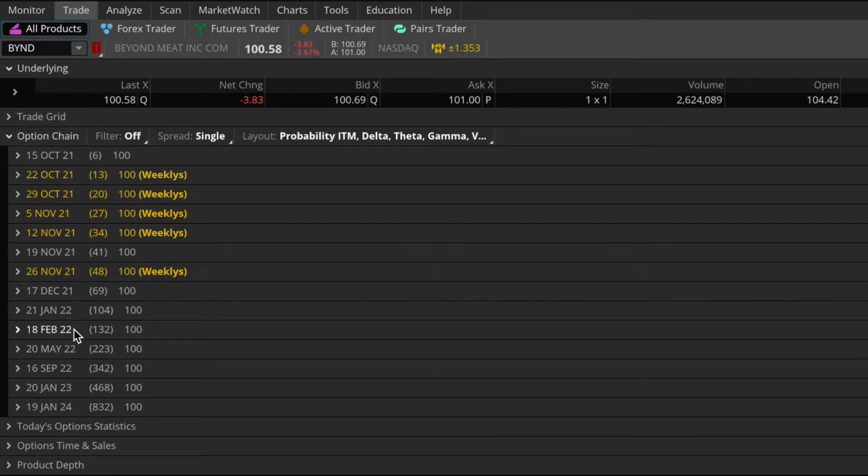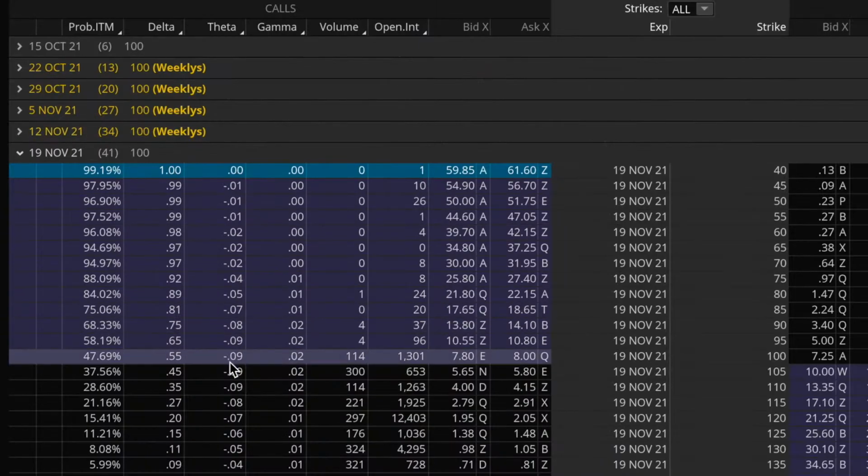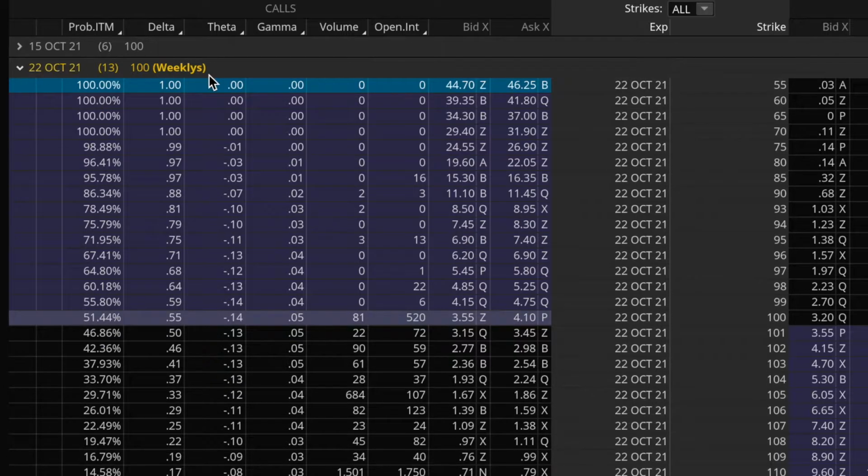And so for comparison reasons, let's take a look at the November monthly expiration cycle. These options expire in 41 days. And then we'll also unfold the October 22nd expiration cycle. These are the weeklies, which expire in 13 days. And one side note, there is no weekly cycle that expires in 7 days because if you do want to sell options with only 1 week left to go, then you can just sell options in the October monthly cycle, right?